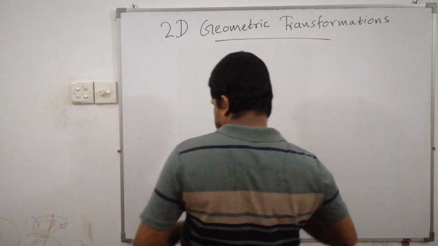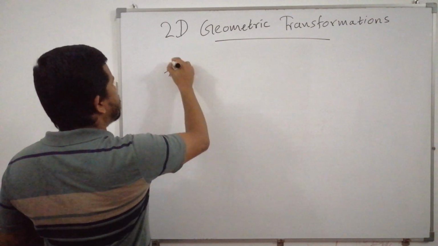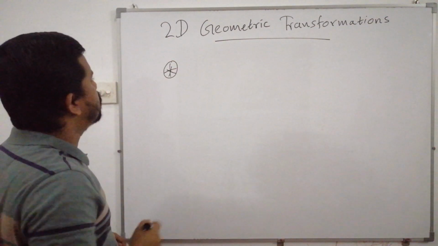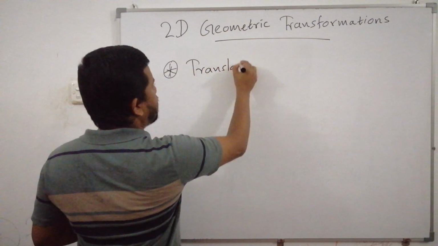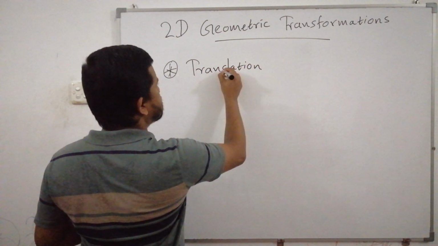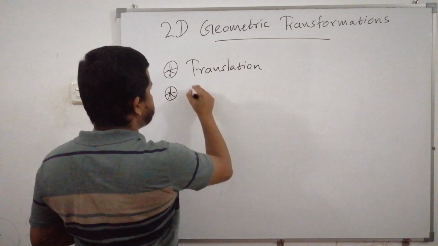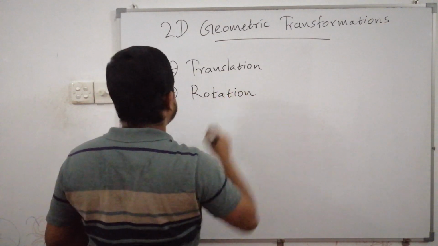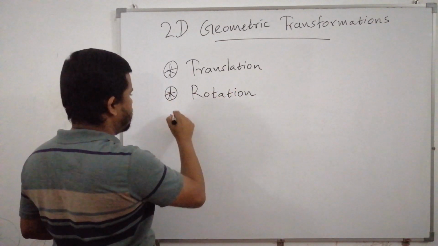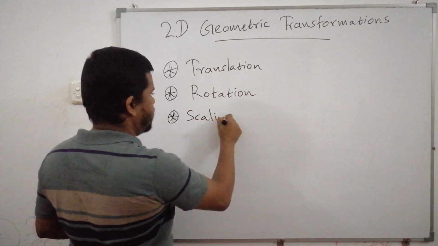Under this topic, we will be discussing five subtopics. First one is translation. Second one is rotation. Third one is scaling.